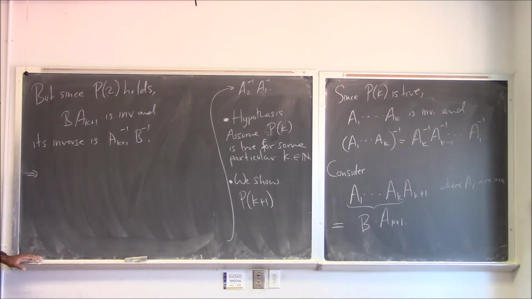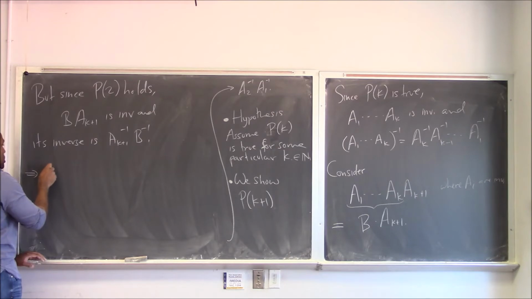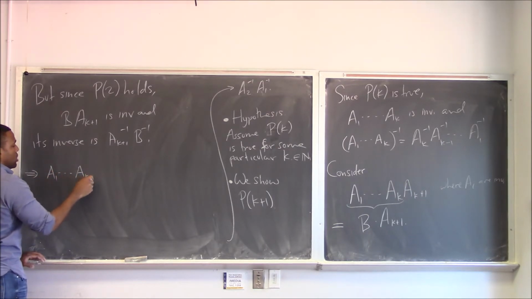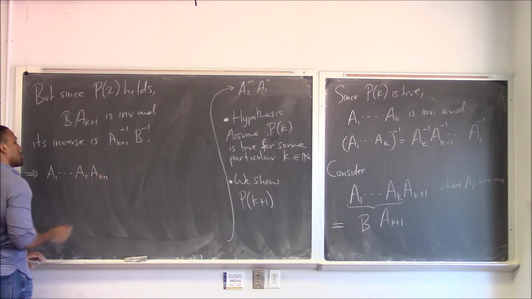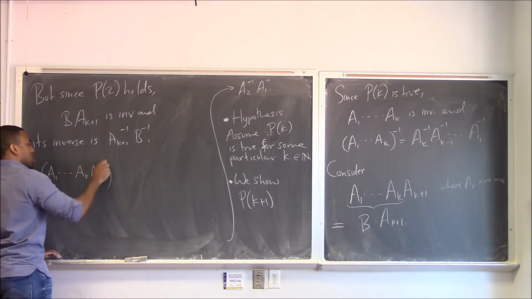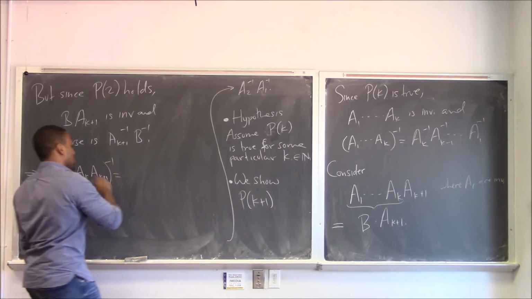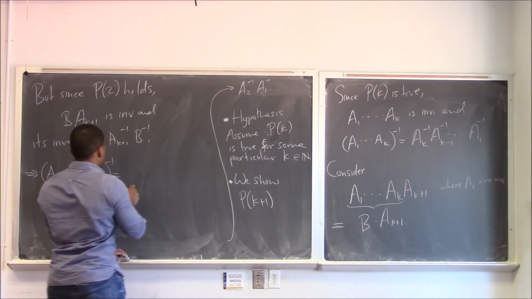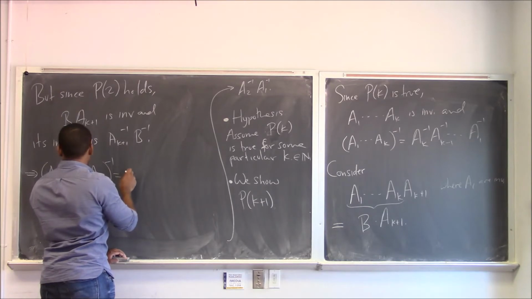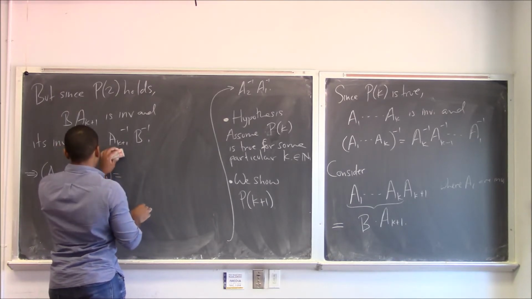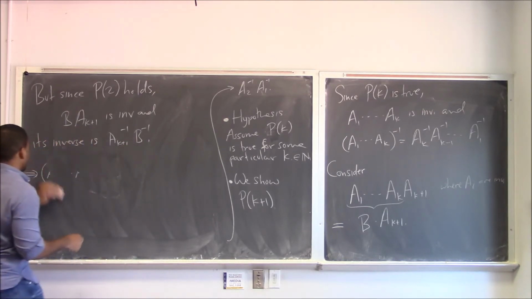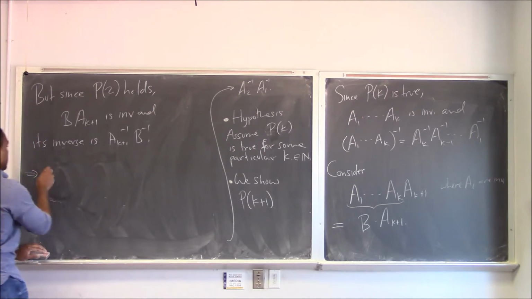This means if you take A_1 all the way to A_{k+1} and take its inverse, what's that going to look like? Let me multiply it by this guy so you can see it. We're going to construct it.